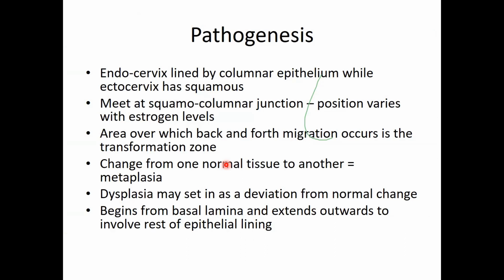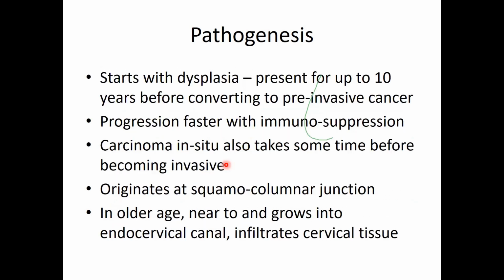But the deviation from the normal to abnormal is usually called dysplasia, which means when your cells are changing to become cancerous. That is the process we call dysplasia. And usually this change starts from the base, the basal layer of the cervix, and usually extends outwards towards the epithelial lining.